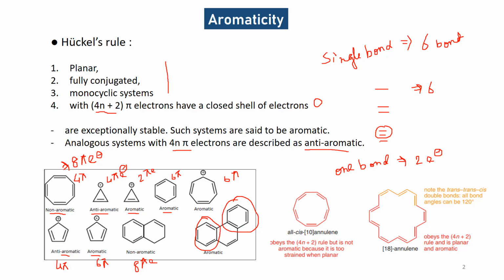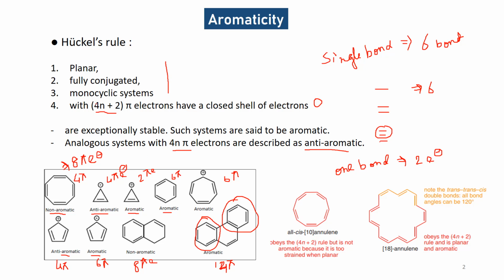And if you count it separately also, 1 2 3 4 5 6, not 6, sorry, 1 2 3 4 5 6 7, so 14 pi electrons.